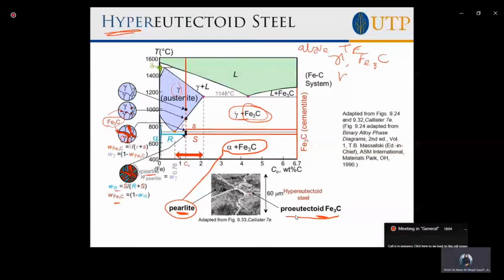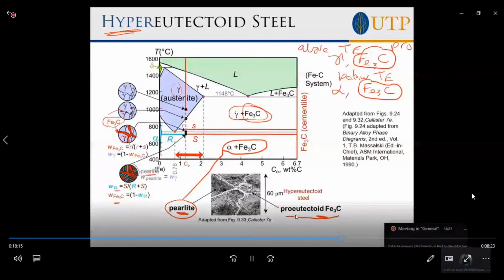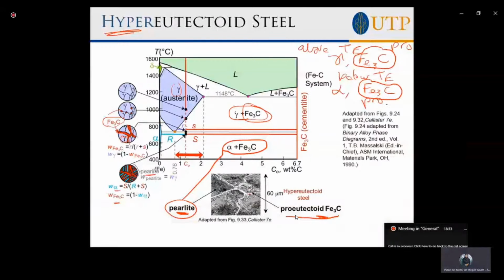If you are below the eutectoid, what do you have? Below the eutectoid, you're going to be bordering with alpha and cementite. Okay, the cementite that you find above the TE would be the pro-eutectoid, but the cementite that you find using the lever rule below the eutectoid point would include pro plus eutectoid.